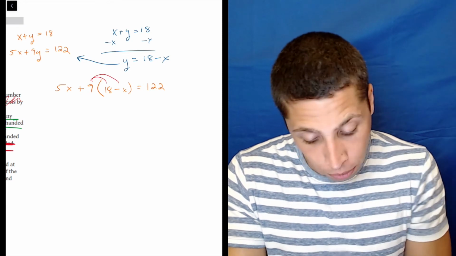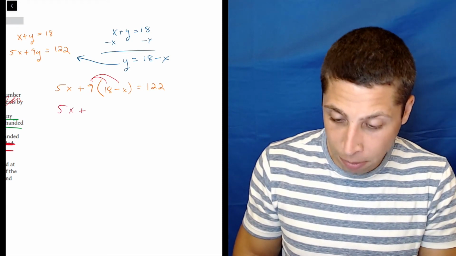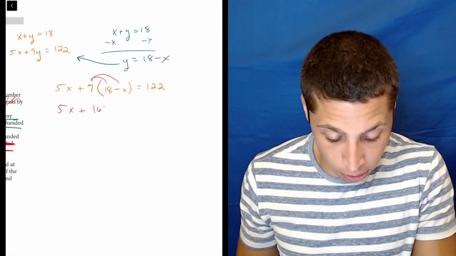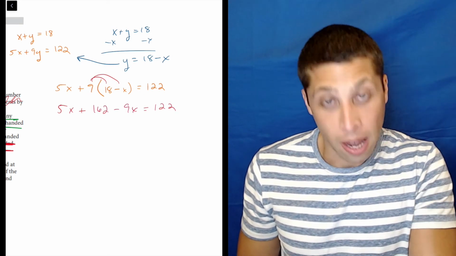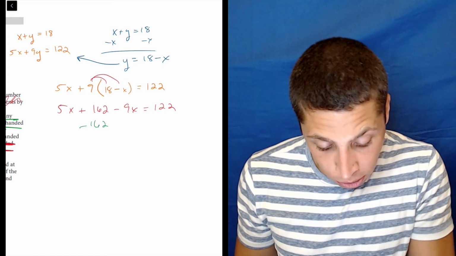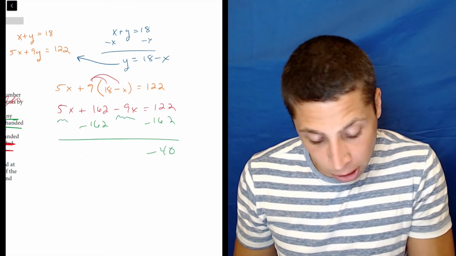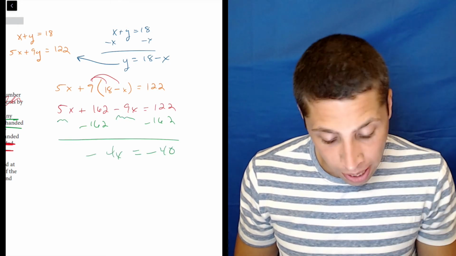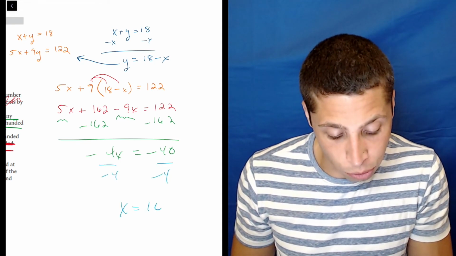9 times both of these, so we get 5x plus 9 times 18 is 162 minus 9x is equal to 122. I'm going to go fast here. Let's subtract 162. We get negative 40. Let's combine like terms. We get negative 4x. And so we then solve for x, and we get x is equal to 10.